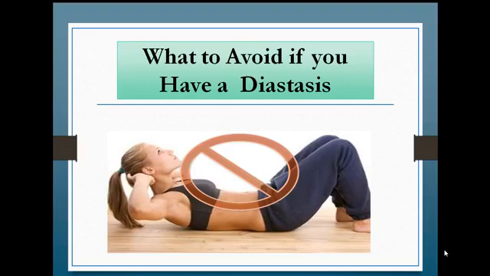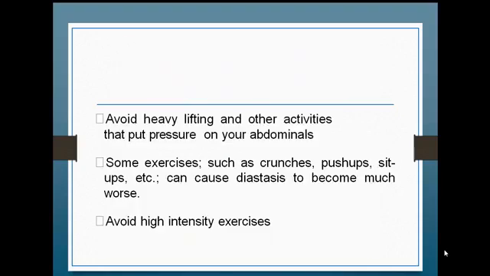What to avoid if you have diastasis recti abdominis? Basically, if a person is suffering from separation of the rectus abdominis muscle, ask her to modify some of her activities. For example, ask the patient not to perform supine to sitting position until the separation is less than 2 centimeter.